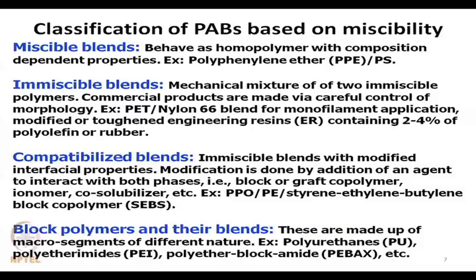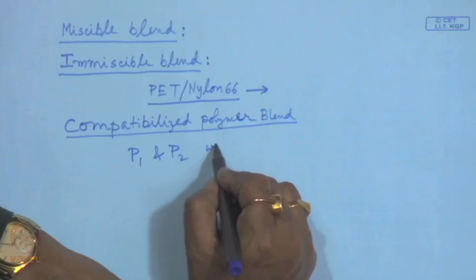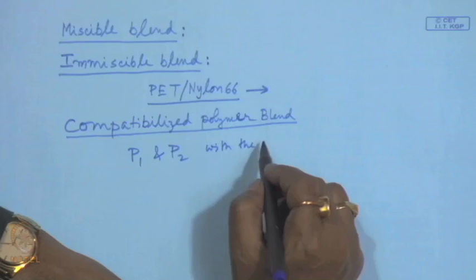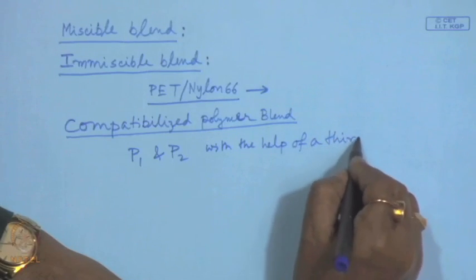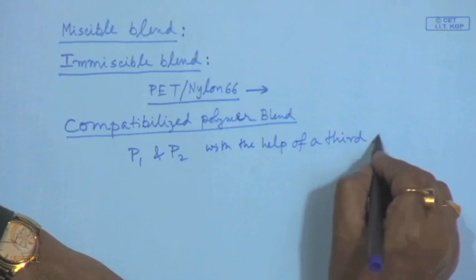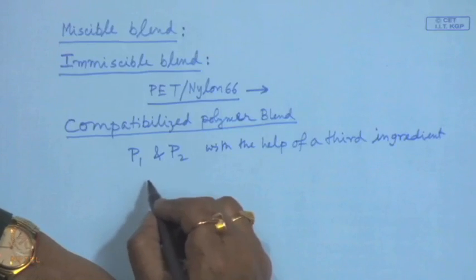When two component polymers are not compatible in a mixture, in a blend, we can also use those component polymers P1 and P2 to form a blend with the help of a third material, an ingredient we should say, that is known as a compatibilizer.